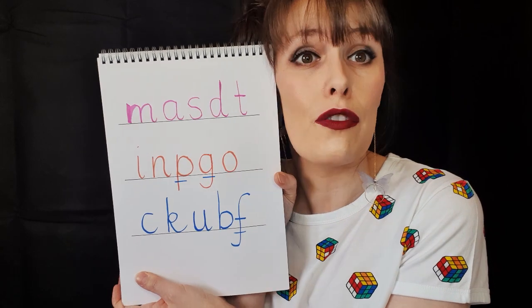Cup. So dot, pig, cup. And can you also spell me the word fat? Fat. So dot, pig, cup, and fat, using the letters that we have looked at so far.